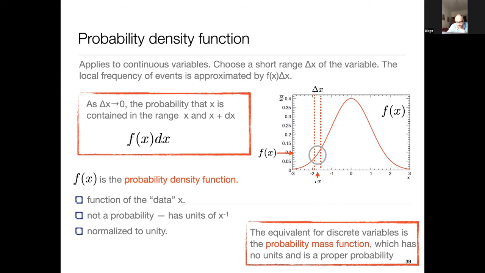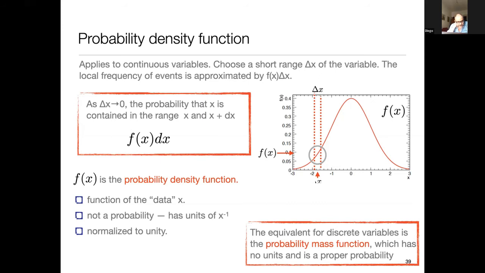And so it's a curve that you see here, which is a function of the observed quantity x, and the height of this curve at each point of x is basically a measure of the frequency of that quantity in the small interval delta x. So as delta x goes to 0, the probability that x has values between x and x plus delta x is this differential expression here, f times delta x.